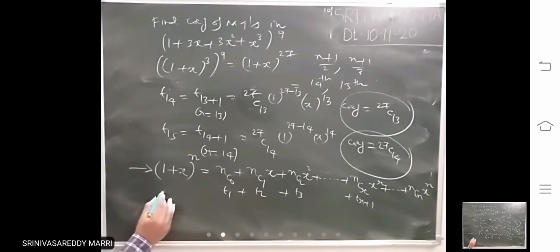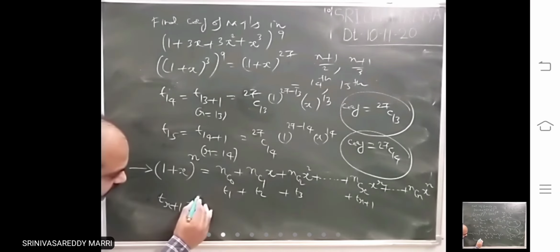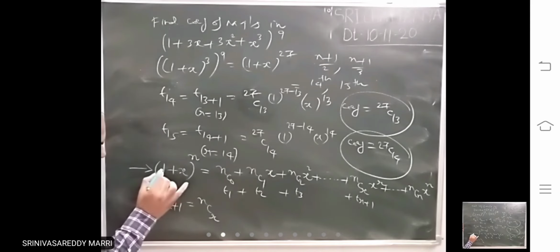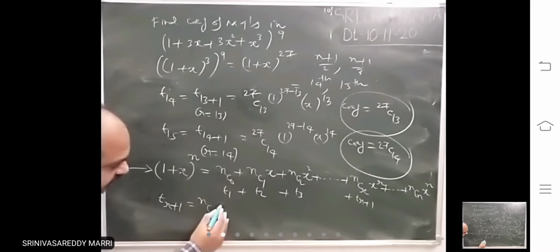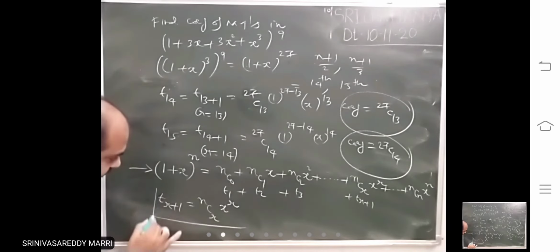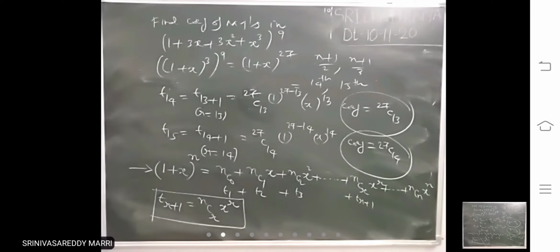Here the general term T(r+1) is nCr into 1 to the power n minus r into x to the power r. This is the r+1th term, the general term: nCr x to the power r.